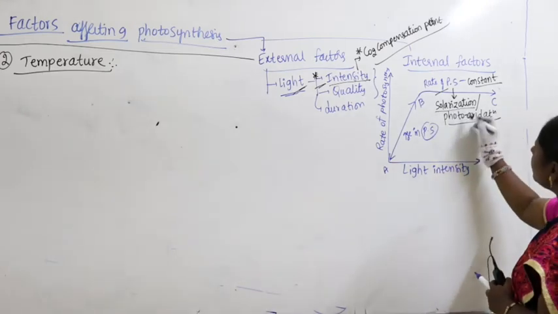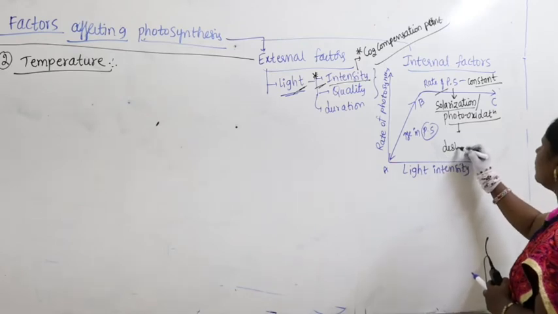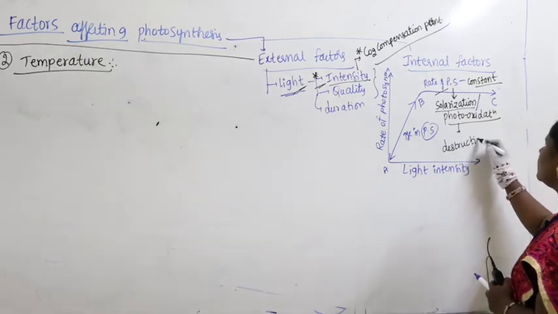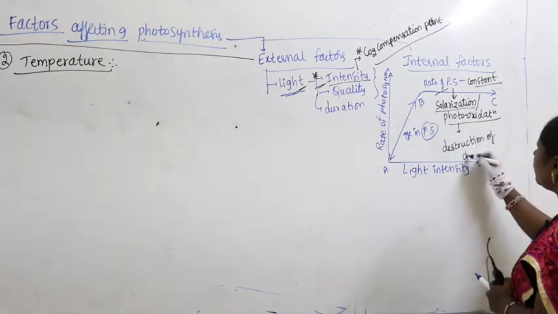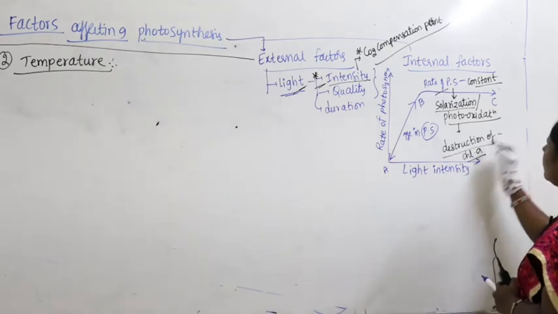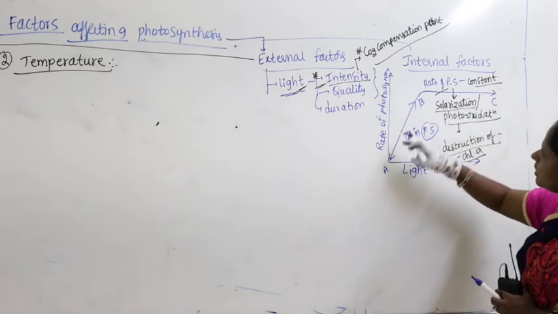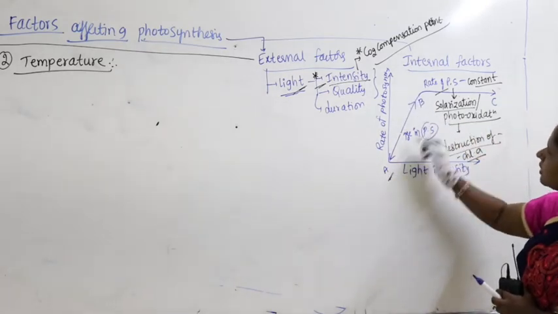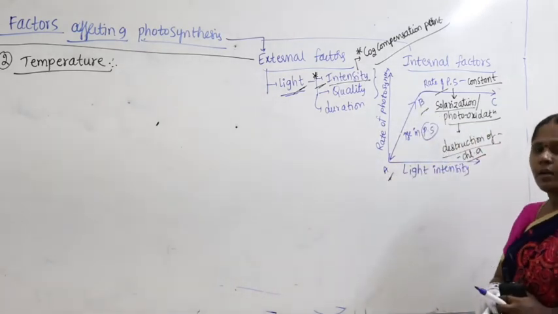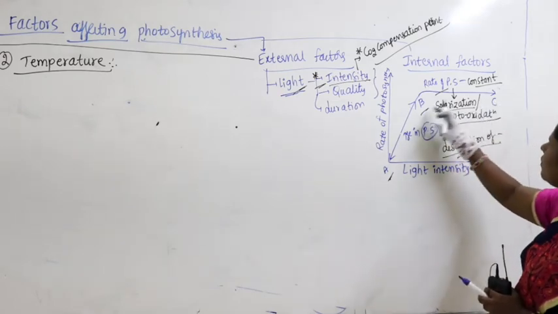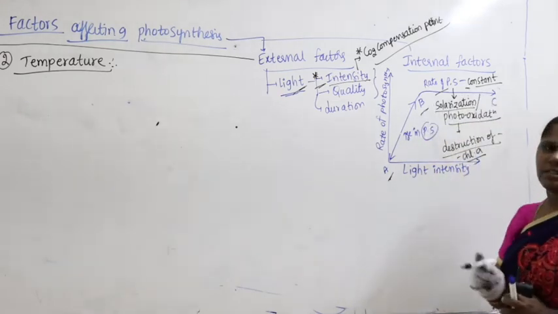It is nothing but destruction of chlorophyll A. So when the light intensity increases, the rate of photosynthesis increases from A to B, but from B to C the rate of photosynthesis becomes constant.